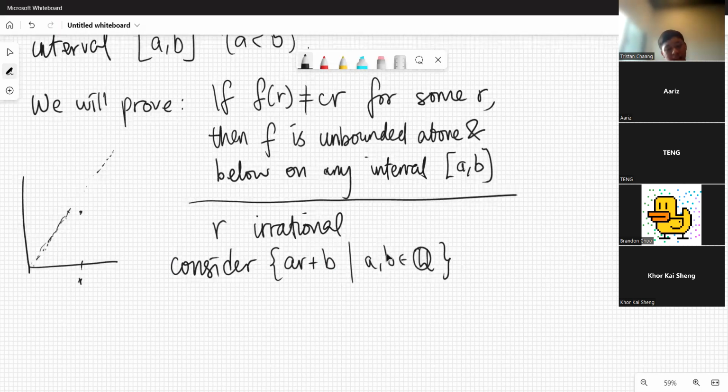Well, this is of course dense in R as well, because the set of rational numbers is dense. We're now adding some irrational number to the set.